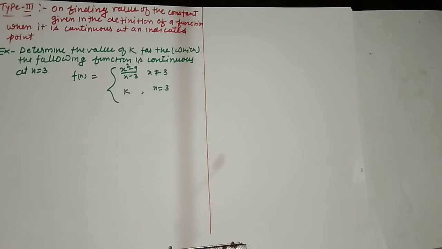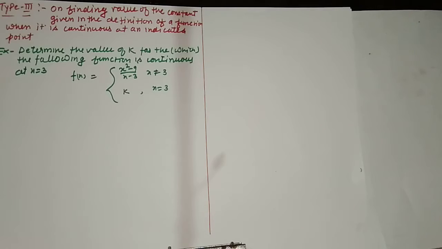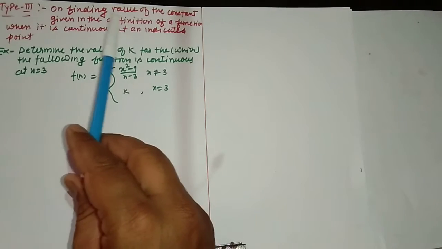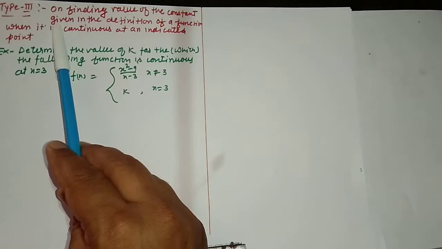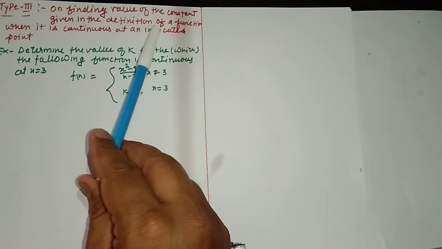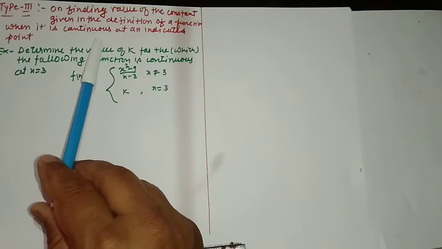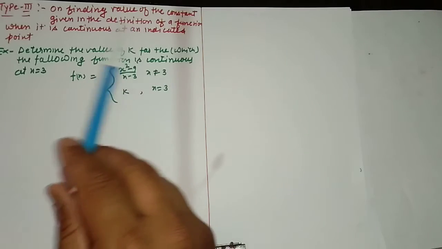In type 2, the function has two different definitions, meaning the function changes after that point. Clear? And today we'll discuss type 3: finding the value of a constant given in the definition of a function when it is continuous at an indicated point.